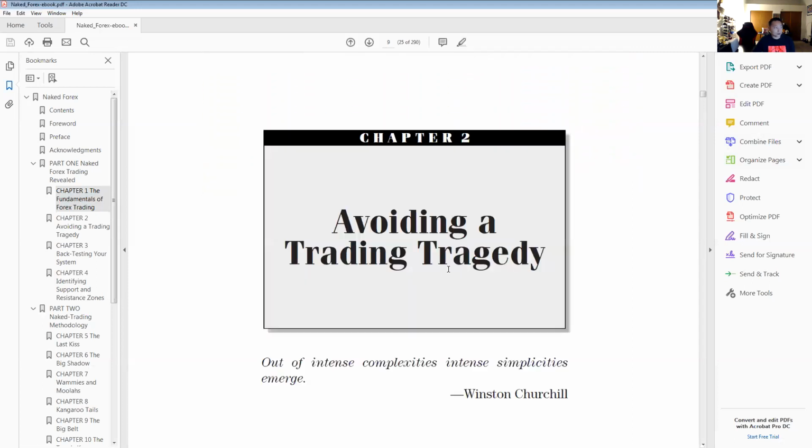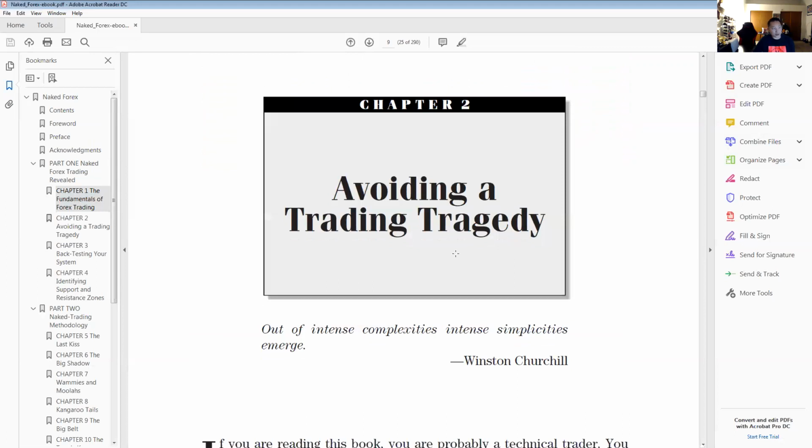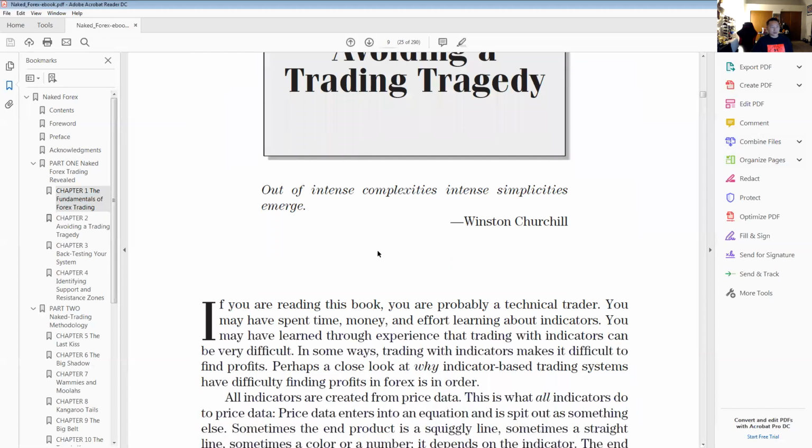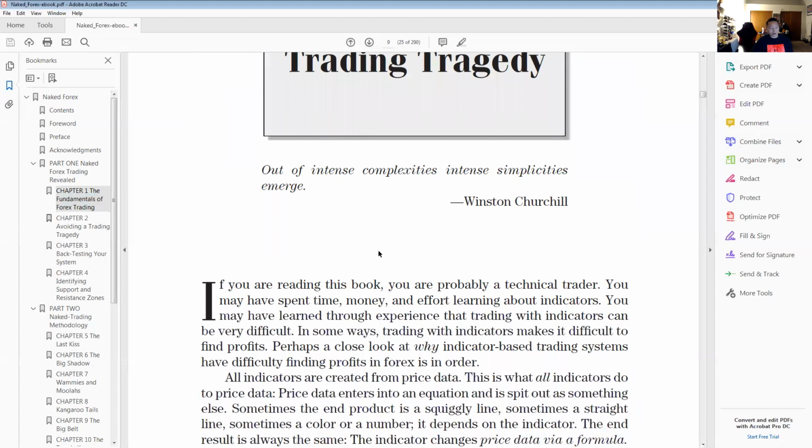I'm going to go to chapter 2 here. Avoiding trading strategy. This is another important chapter. That's why I said the first two chapters are the most critical chapters to understand. Because if you don't understand it for yourself, you're not going to understand trading forex, and you're going to end up blowing accounts.